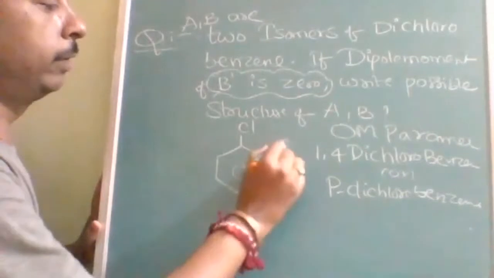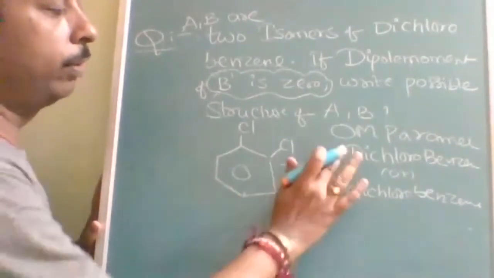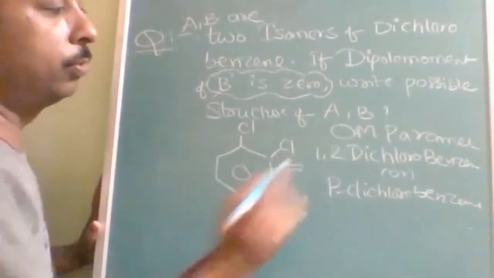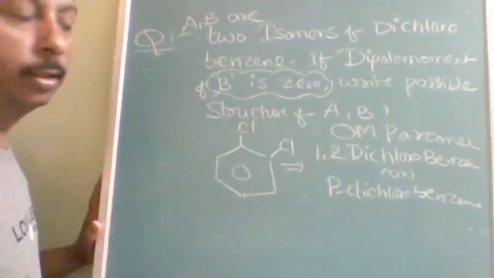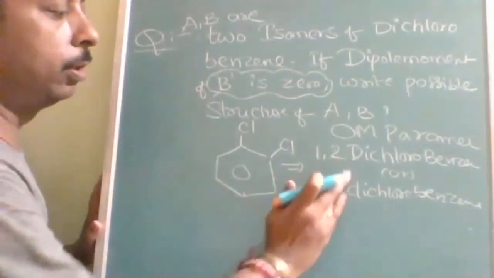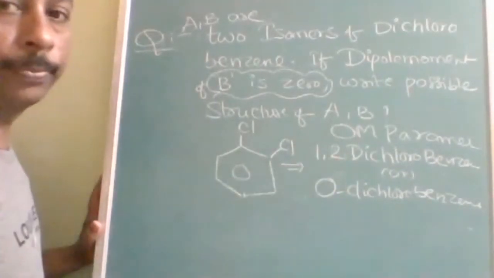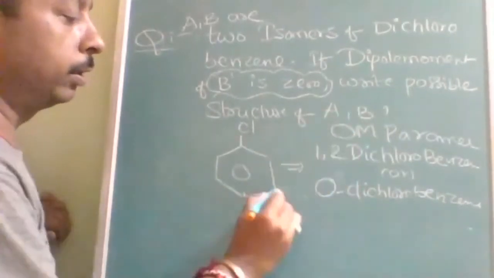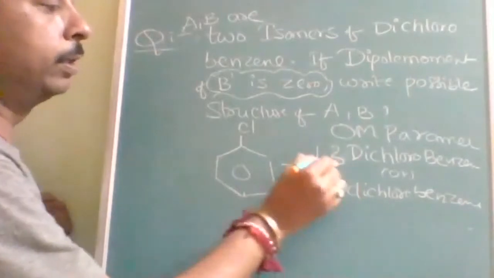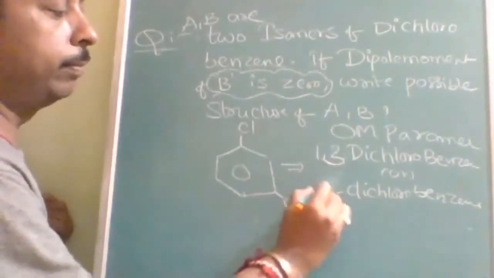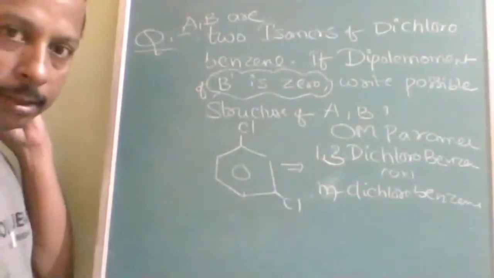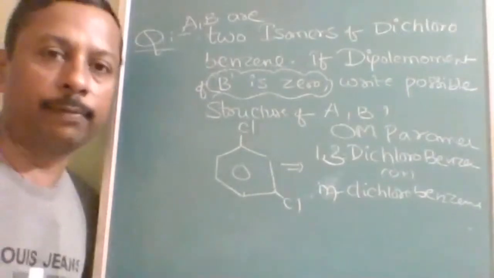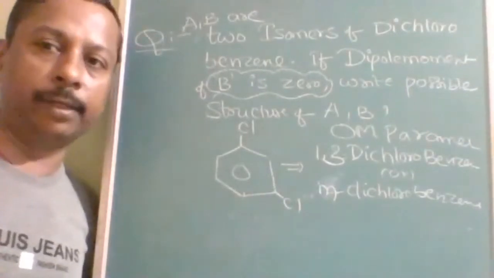If I write chlorine here, then it is called 1,2-dichlorobenzene, that is ortho-dichlorobenzene. Is this understood? Now, if I write chlorine here, then it will be 1,3-dichlorobenzene, m-dichlorobenzene. So these are the two answers for possible structures of A.